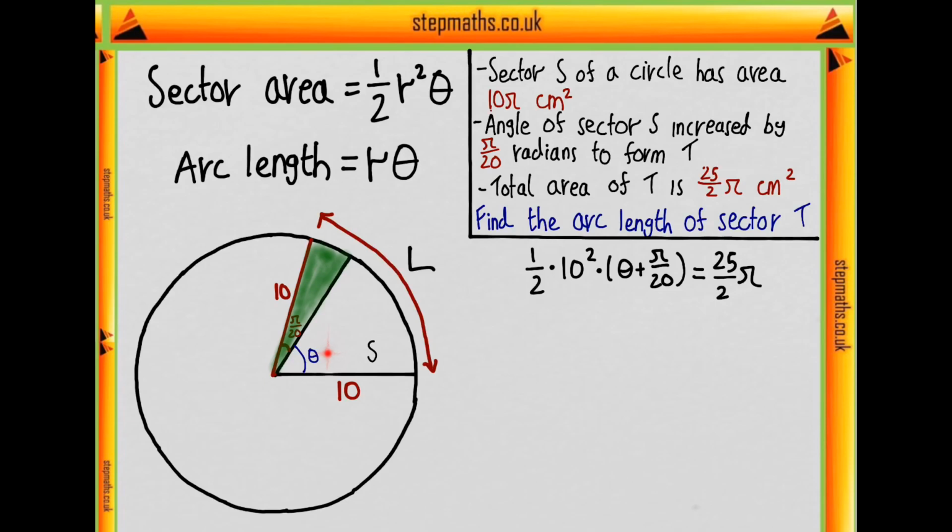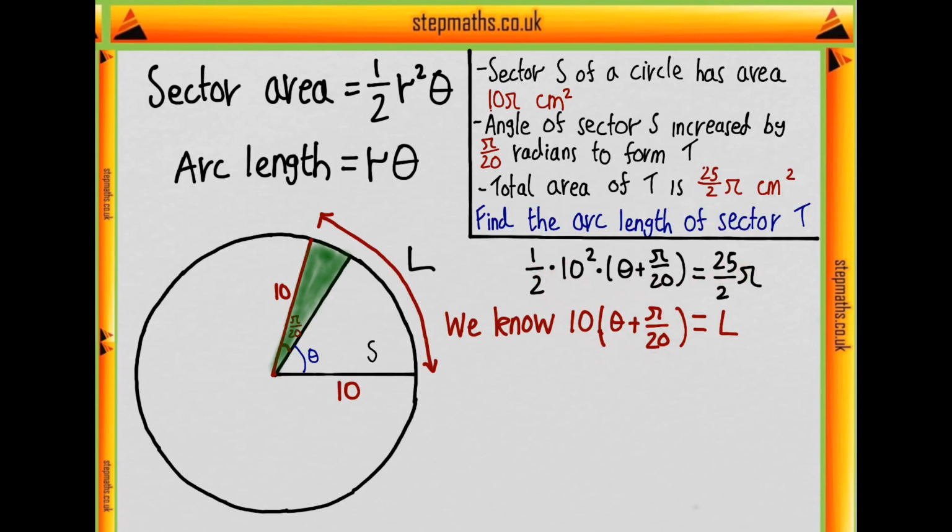It would take a little bit of time. The thing is though, there is actually a nice little shortcut here. Because what is L? If we remember rightly, L is equal to r theta. So this is true, right? L is equal to the radius 10 times theta plus pi over 20. That's great because we've just swapped our theta in the equation.